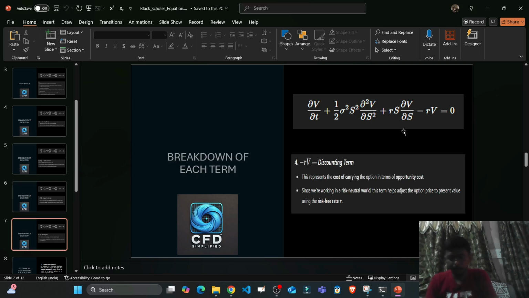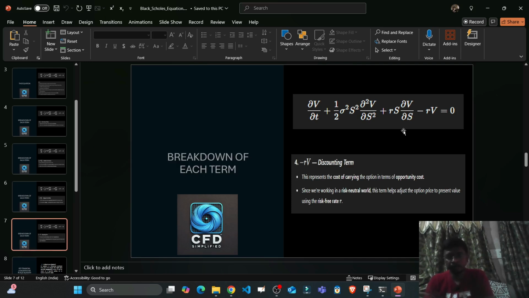All right. Next term is rV. It is the discounting term. It represents the cost of carrying the option in terms of opportunity cost. Since we are working in a risk-neutral world, this term helps adjust the option price to the present value using the risk-free rate.